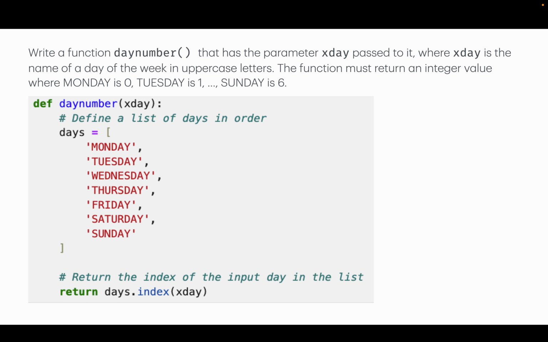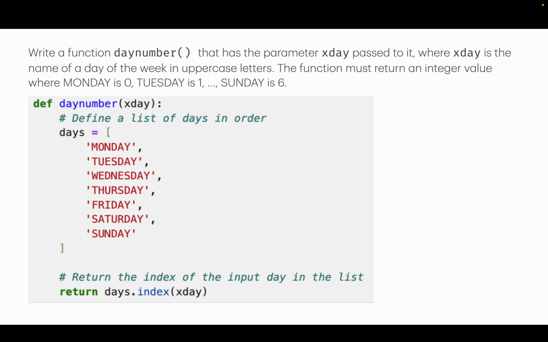Then we have a list of Monday to Sunday, in uppercase. And what I'm going to return is the index. The index of Monday is 0, the index of Tuesday is 1, and so on, since they are already in order. So I just return days.index(xday). So this is a very straightforward little function, UDF.